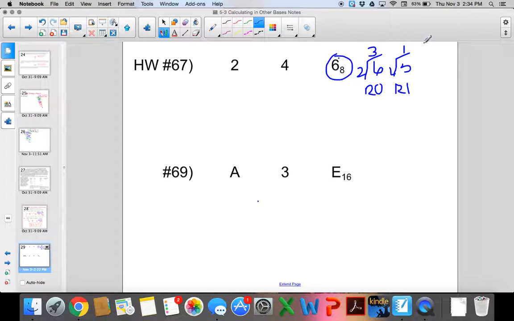And then if you do 1 divided by 2, you're going to have 0 with a remainder of 1. And when you write these from right to left, you get 1, 1, 0, which makes sense because 4 plus 2 plus 0 is 6.